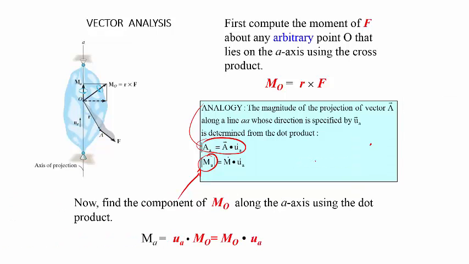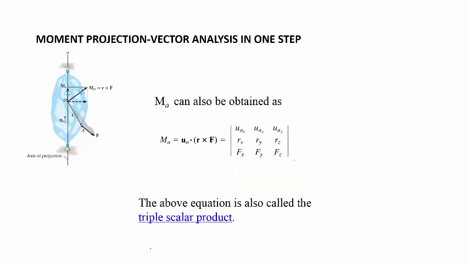Okay, so you do R cross F, and then you calculate the moment, and then the projection of the moment along line u_A. And remember, this is not bold here, so it's a magnitude. So you can do it in 2 steps, but you can also do it in 1 step, and that's where the triple scalar product comes in. So instead of doing R cross F first and then the dot product with u_A, you can do it directly like this.